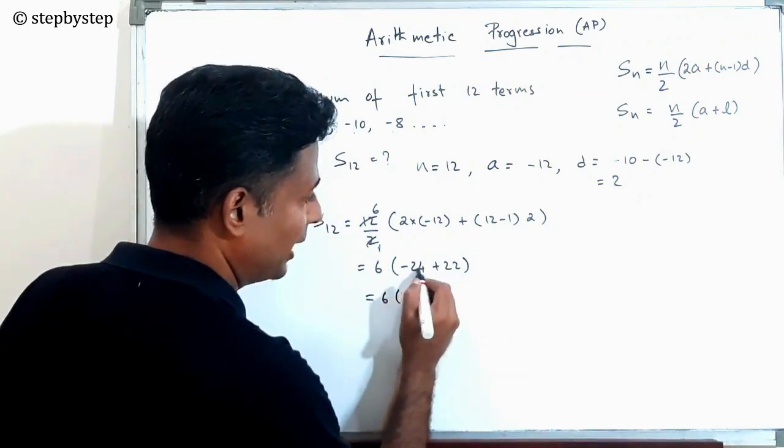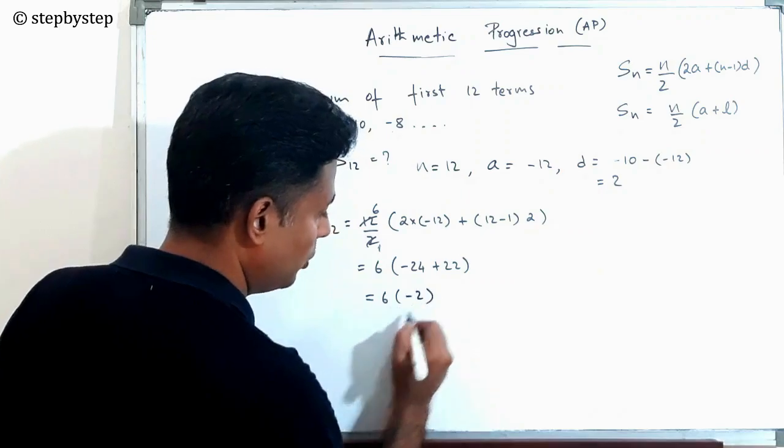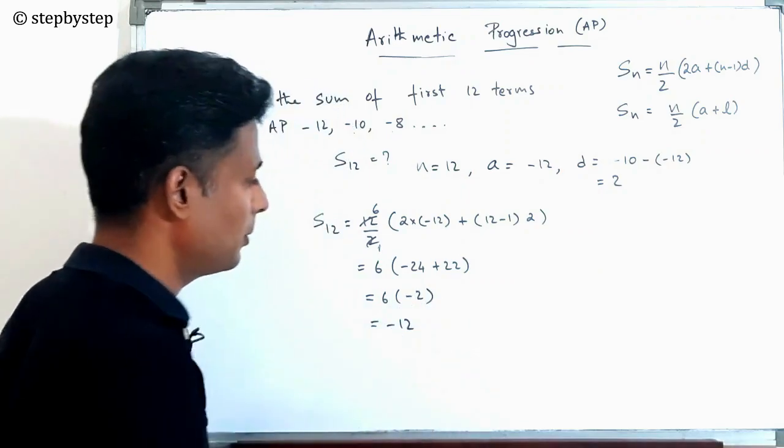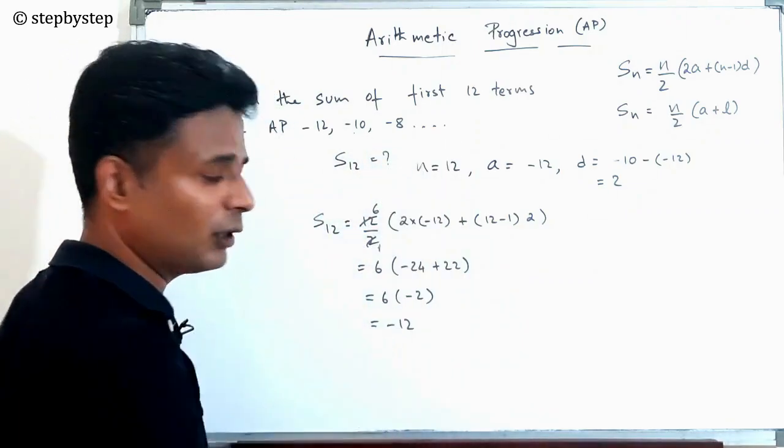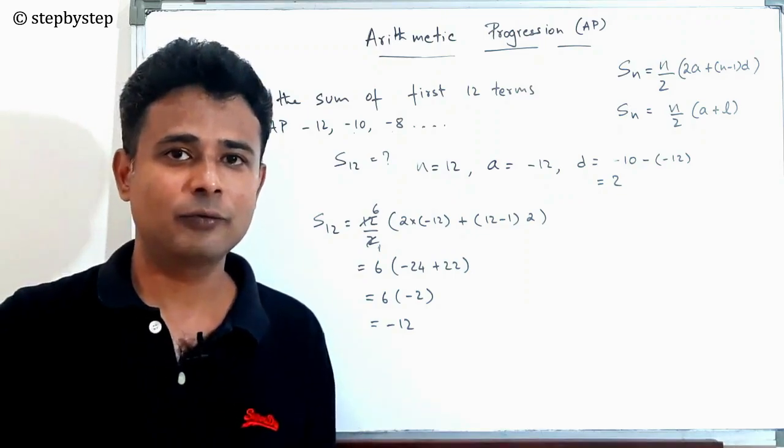So 6 into (minus 24 plus 22), that is minus 2. So the answer is minus 12. The sum of the first 12 terms of this AP will be equal to minus 12.